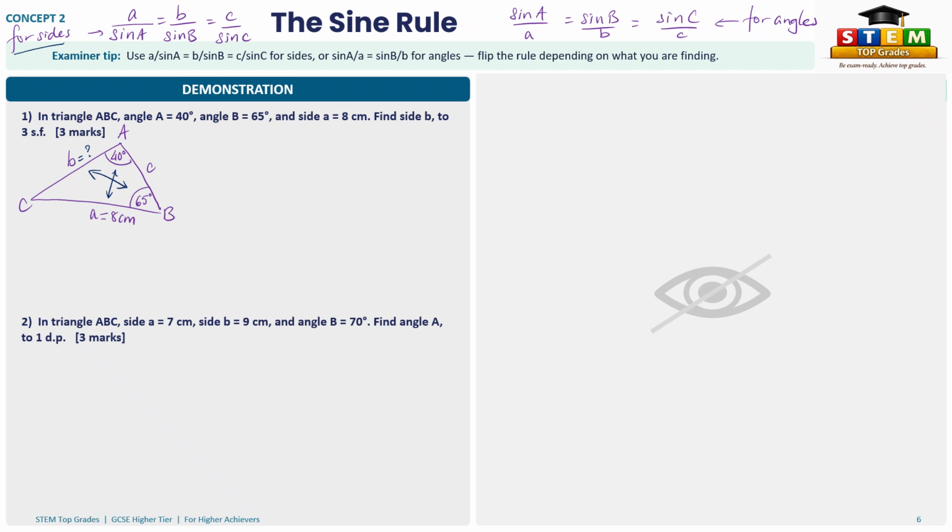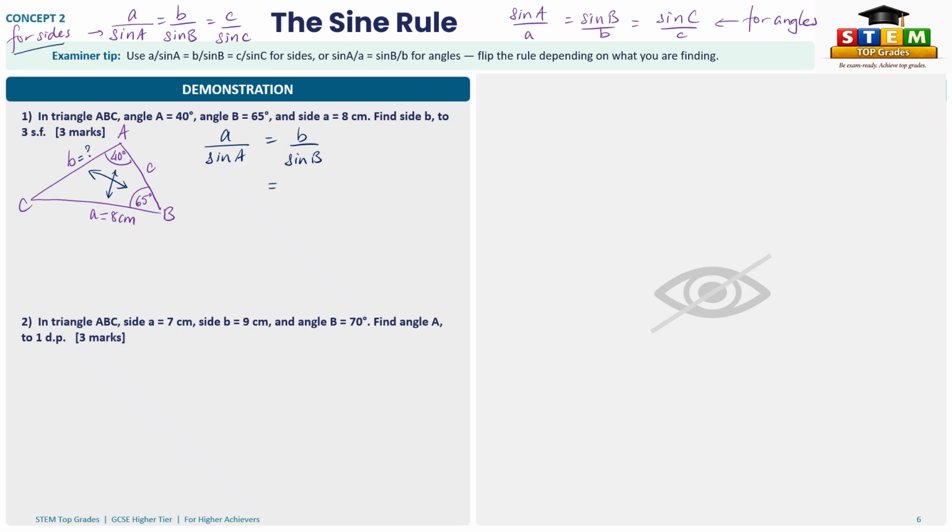The examiner tip says to use a over sine A equals b over sine B equals c over sine C for sides. And as I just told you, sine A over a equals sine B over b is for when you want to use the angles. So A and B are involved. Let's write a over sine A and b over sine B.